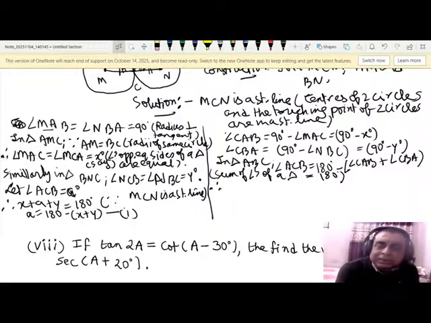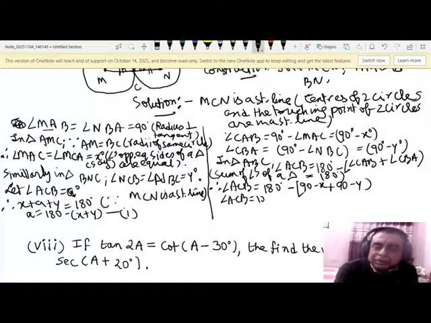So angle ACB value will be 180 degrees minus (90 minus x plus 90 minus y), since CAB is 90 minus x and CBA is 90 minus y. That is 180 minus (180 minus x minus y).